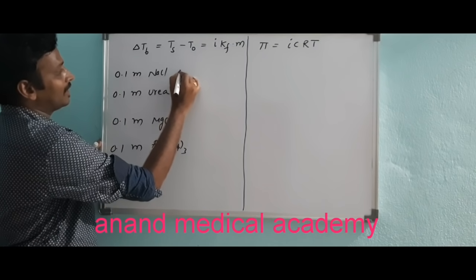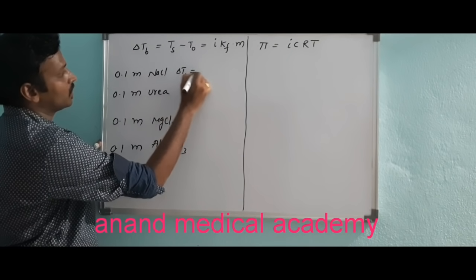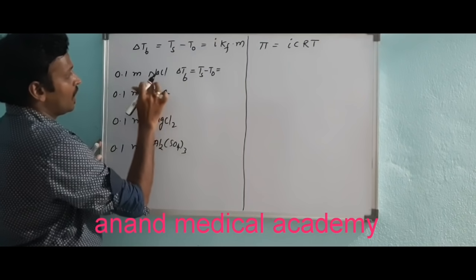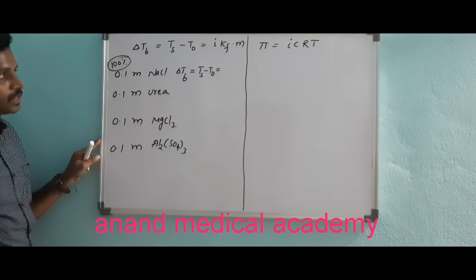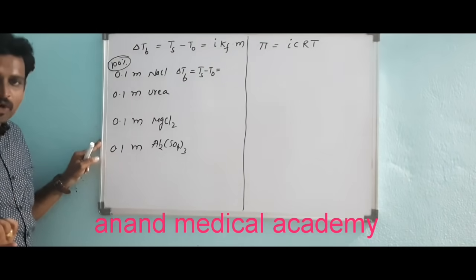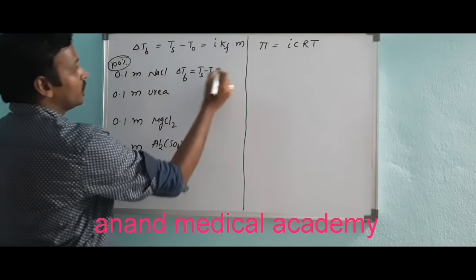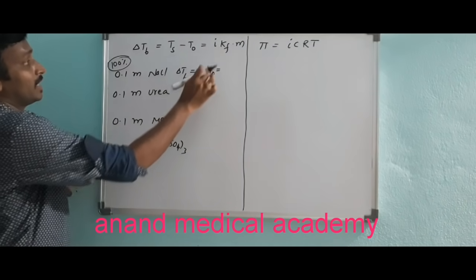Suppose here delta Tb, I'm going to write delta Tb. Delta Tb is equal to what? Ts minus T0 is equal to, these are all supposed to be 100% dissociated. 100% dissociated means alpha will be 1. So here you can take 100% dissociation, and the number of ions you can take as i.